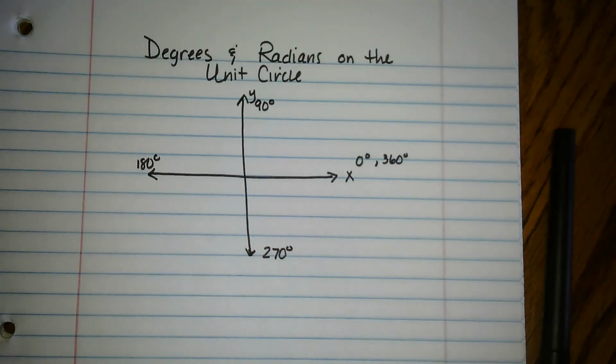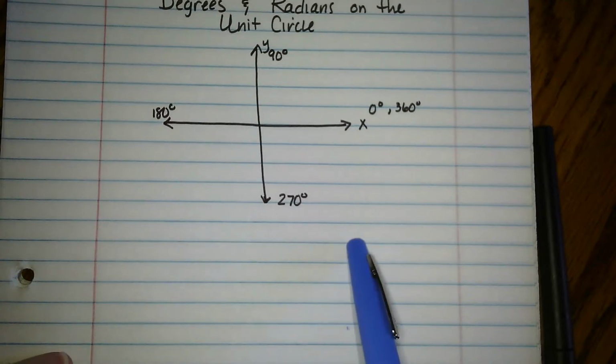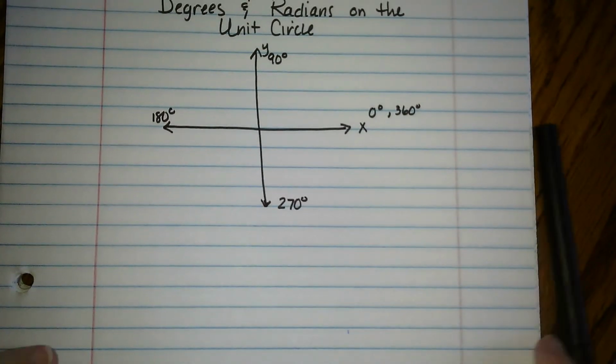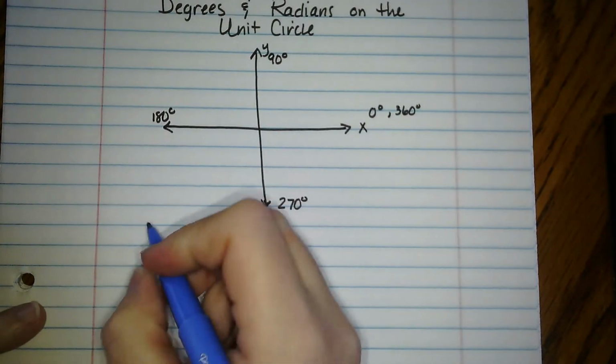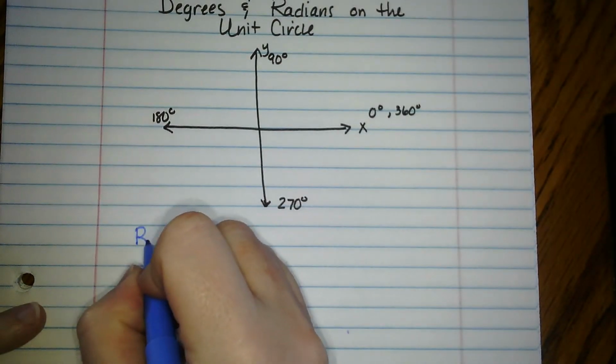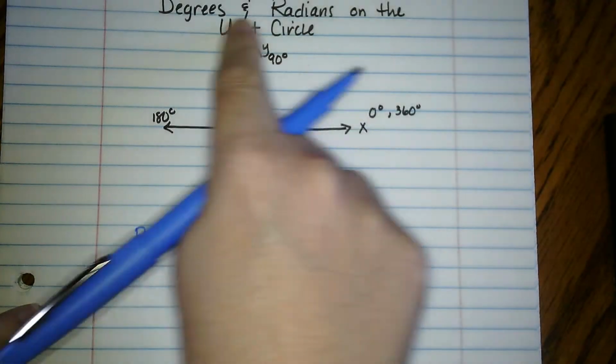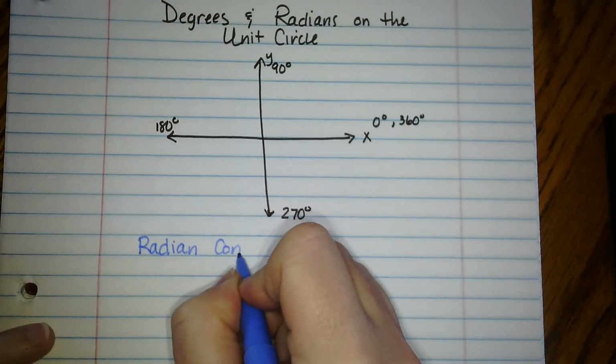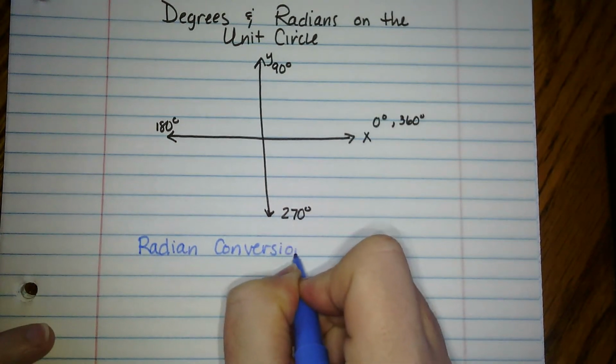For radians, what I want to do is write some stuff down under here so that you can make sense of it. To do a radian conversion of these unit circle values, you need to know one basic fact.